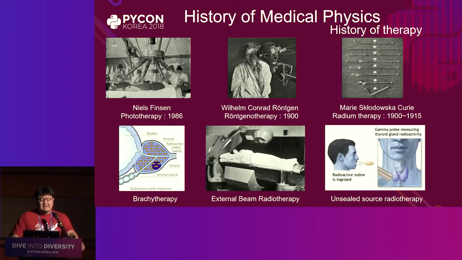And also, Röntgen's X-ray was first used for treatment in the 19th century. And radium therapy was introduced around 1915. And this method has developed into brachytherapy, external beam radiation, and unsealed source radiation therapy that we are using to treat cancers nowadays.